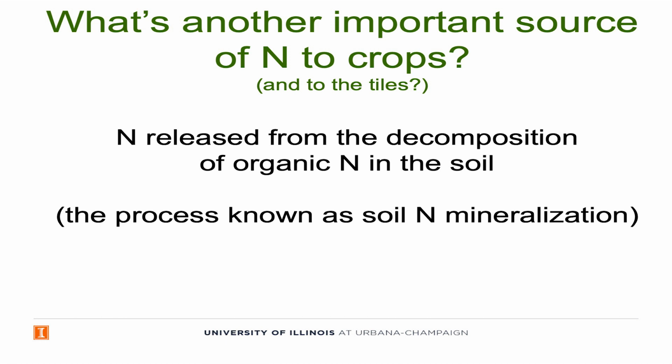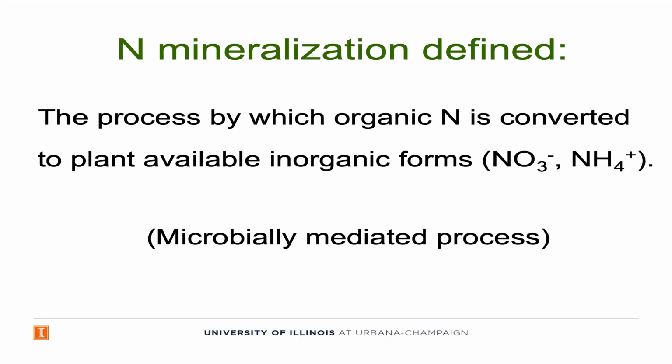So this is a process called N mineralization, and it's the decomposition of organic N. And simply defined, it's the process by which organic N is converted to plant-available inorganic forms, which is nitrate and ammonium. It's a microbially mediated process. That's bacteria, fungi.